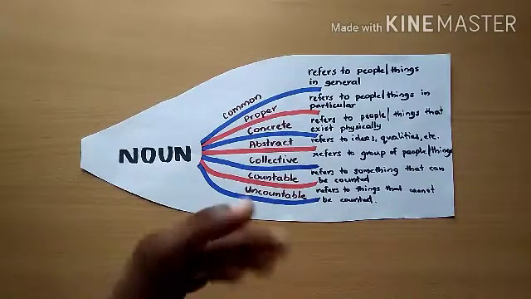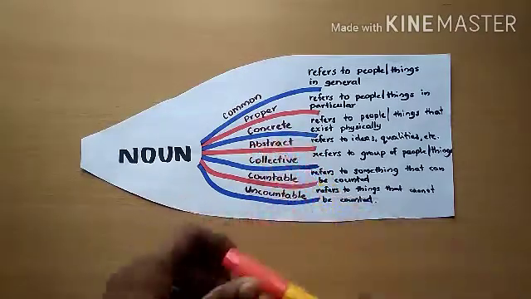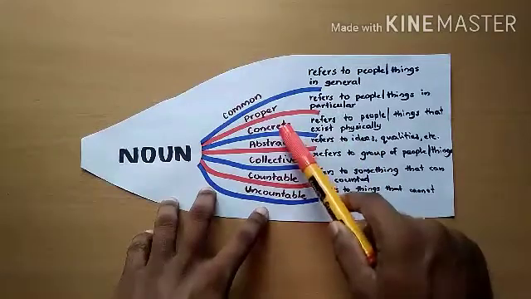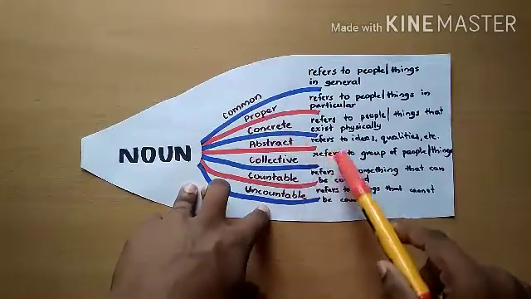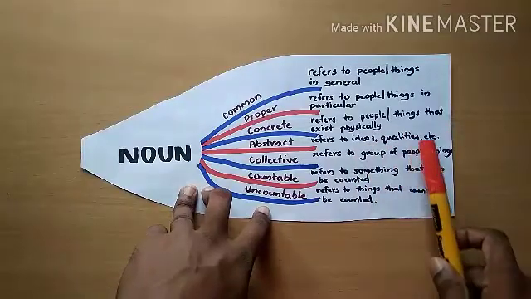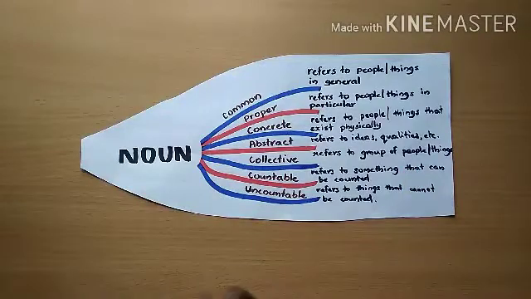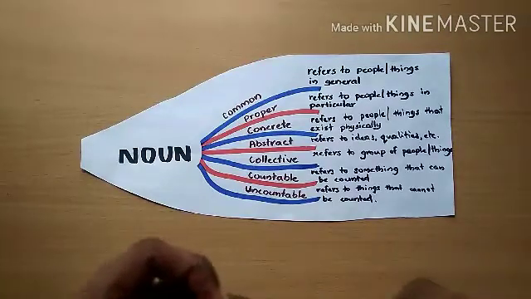Then we have the fourth one, abstract nouns, just the opposite of concrete noun. Abstract nouns refer to ideas or qualities, etc. Ideas exist only in mind. We may not be able to touch the ideas or feel them, but we can experience that.